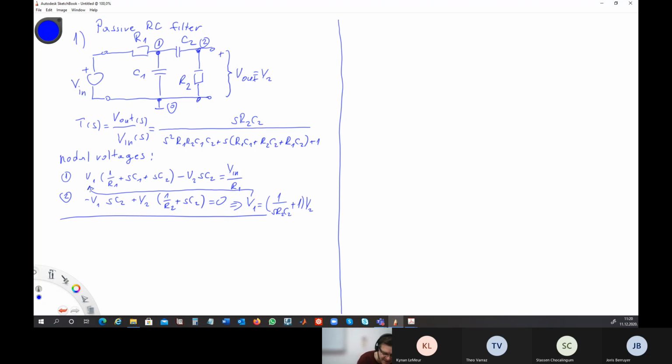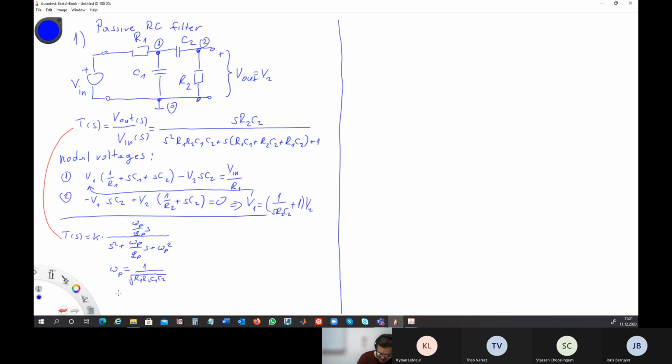In the next step, we must compare it with a general form of this kind of filter, which is K times S over S square plus omega P over QP, S plus omega P square. In the numerator you have omega P over QP times S. If you compare these two, then omega P is the square root of 1 over R1 R2 C1 C2.